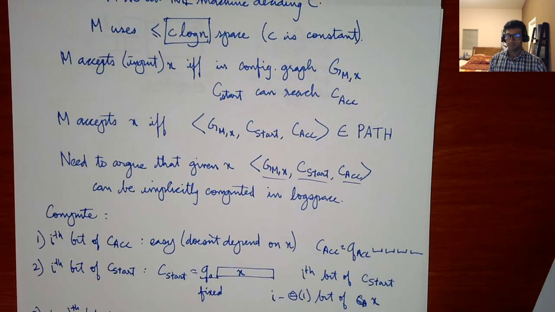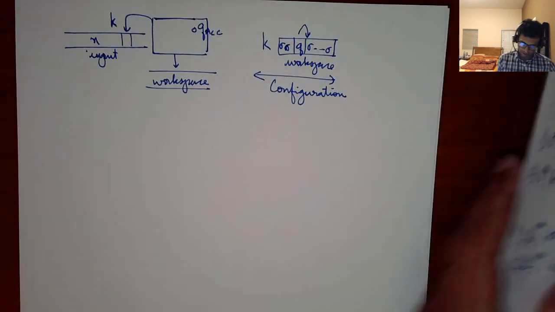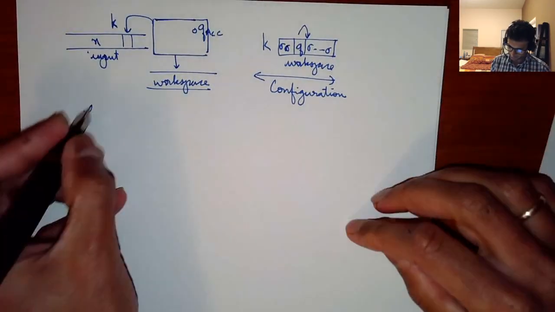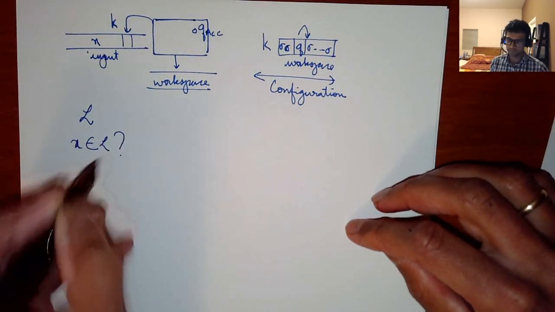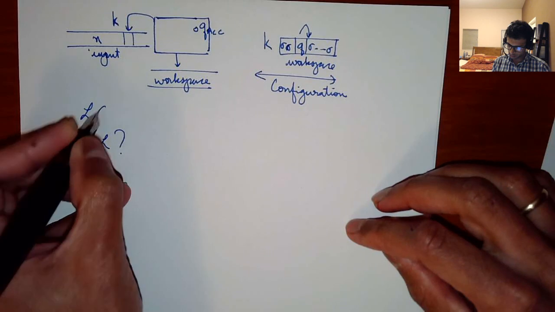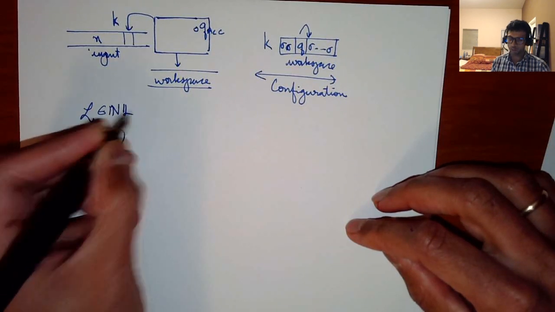I see. So let's step back. Here's L, and we have some X, and the question is, is X in L? And L is in NL. So what is our reduction going to do?